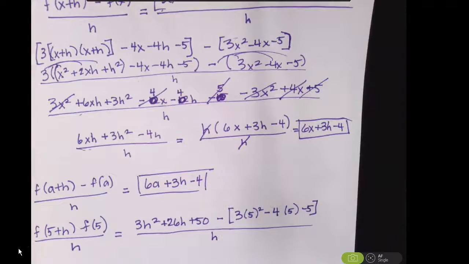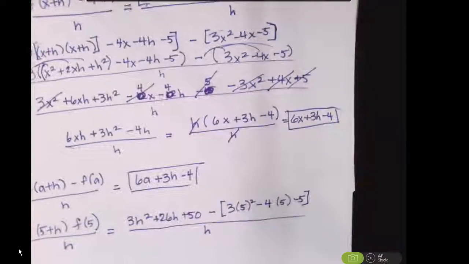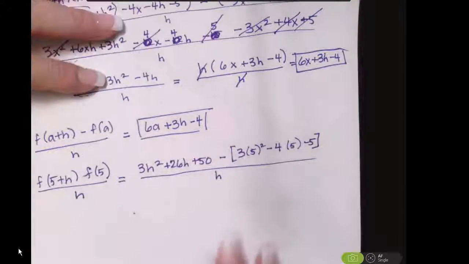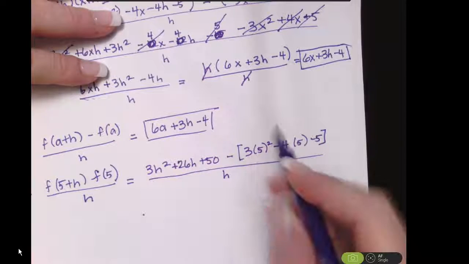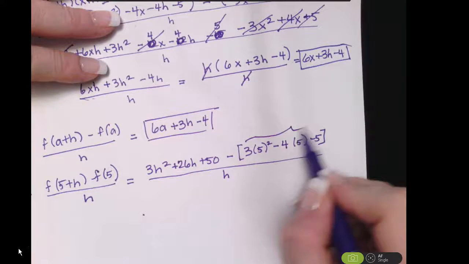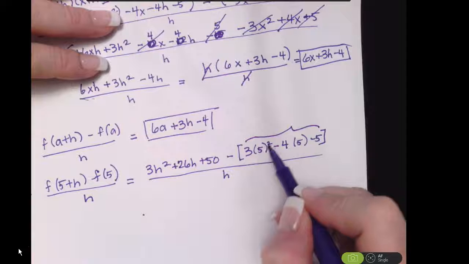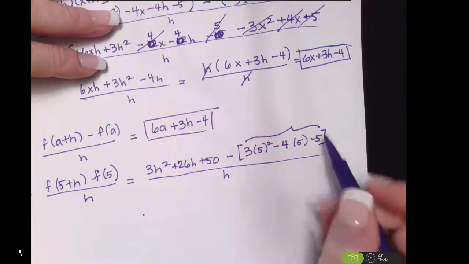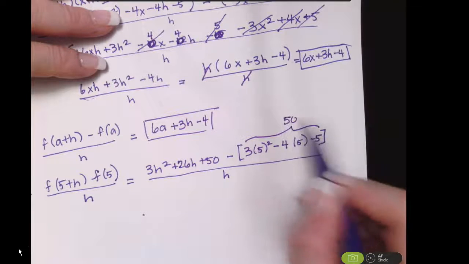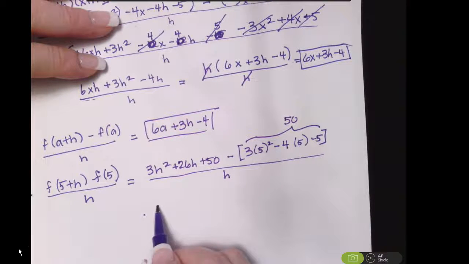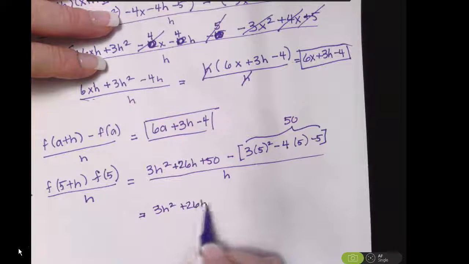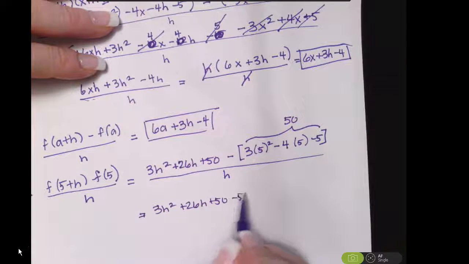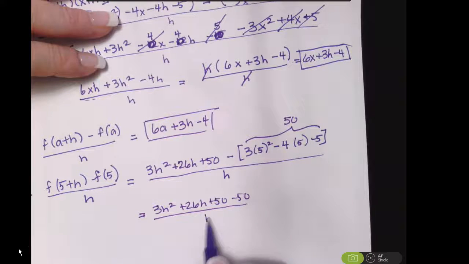So let's see how that all works out. So over here I'm just going to have to work out my math and get a numerical answer. 3 times 5 squared, that's 75, minus 20 is 55, minus 5 is 50. Okay, so I've got 3h squared plus 26h plus 50 minus 50 all over h.